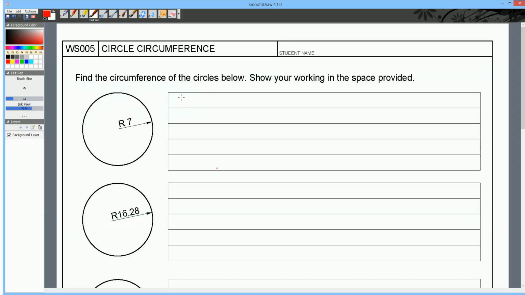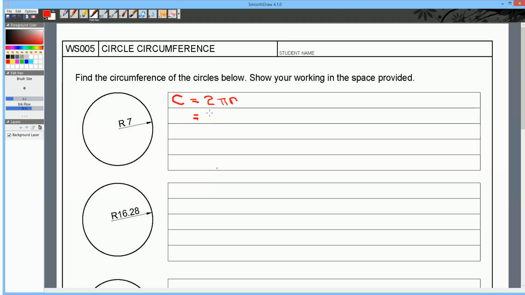So first thing we need is a formula. The formula for the circumference of a circle is C equals 2 pi r, 2 being a constant, just the number 2, and pi being a constant, which is the ratio of the circumference of the circle to its diameter. For every circle, the circumference divided by the diameter is pi.